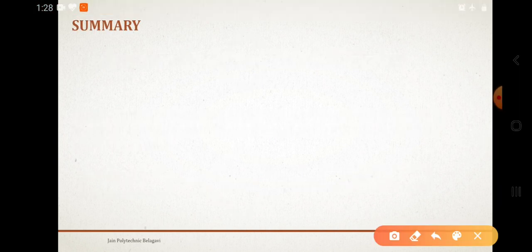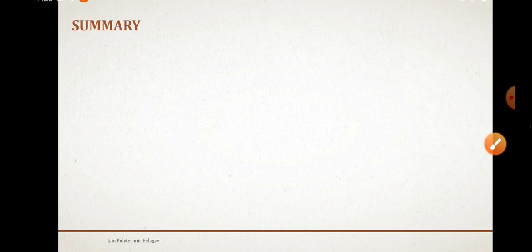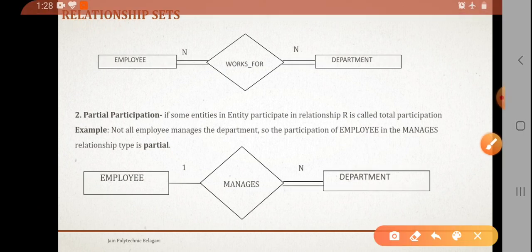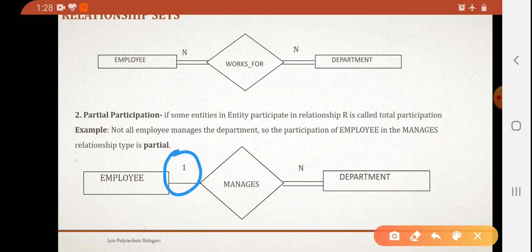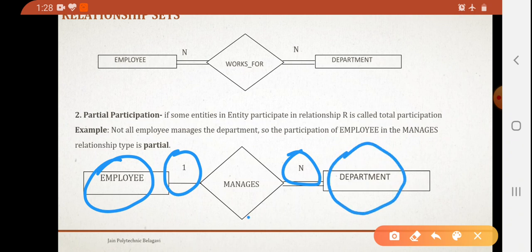Here we have a 1 to 1 relationship: a single employee manages a single department. Here the relationship is MANAGES. So this is the partial participation.